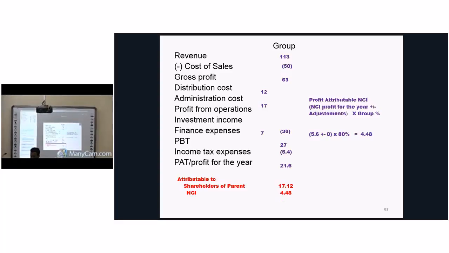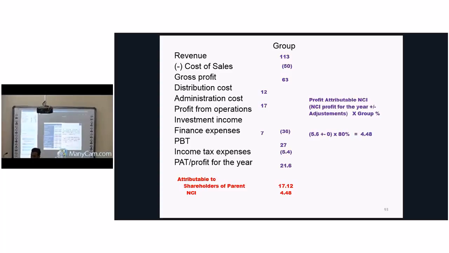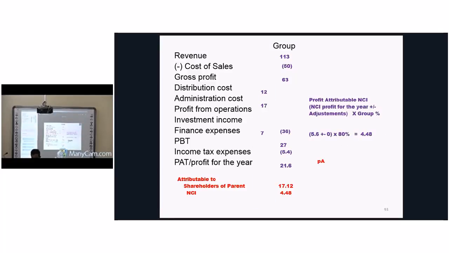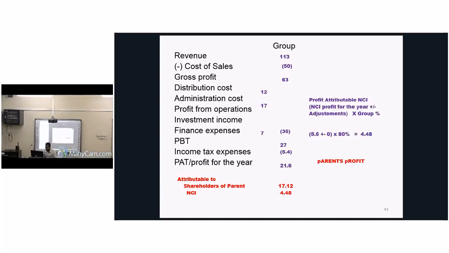Usually, how to verify this 17.12? The total profit of the parent is how much? 16. That means parent's profit plus subsidiary's profit plus or minus adjustments.